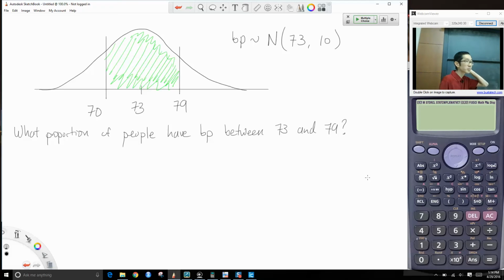Okay. And so the way we're going to get this answer is we're going to split it up into a couple pieces. We're going to say, well, I'm interested in this area right here.